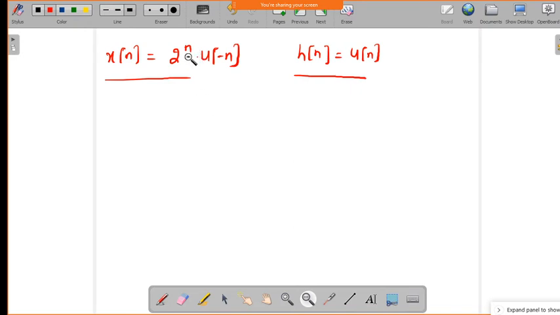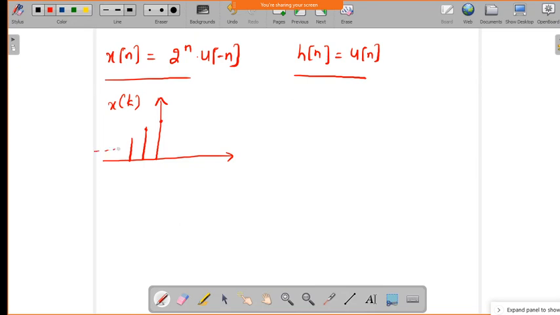Now this one you need to be a bit careful. You need to plot x of k properly. What is x of k? In the negative direction, it is 2, and at minus 1 it is 2 power minus 1.